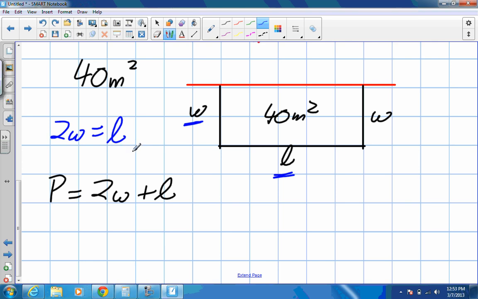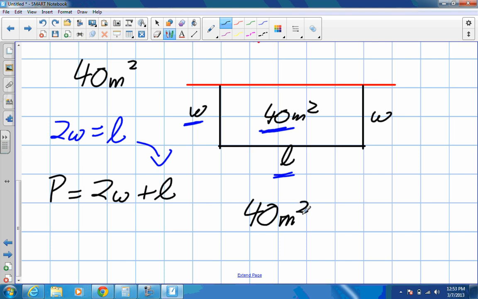Okay, so how can I solve this? Well, I can plug values in here using substitution way back in grade 9 stuff. How can I figure out our area in this case? So we have 40 meters squared. Okay. And we need to think of a width that will be half as long as the length that will get us to 40.